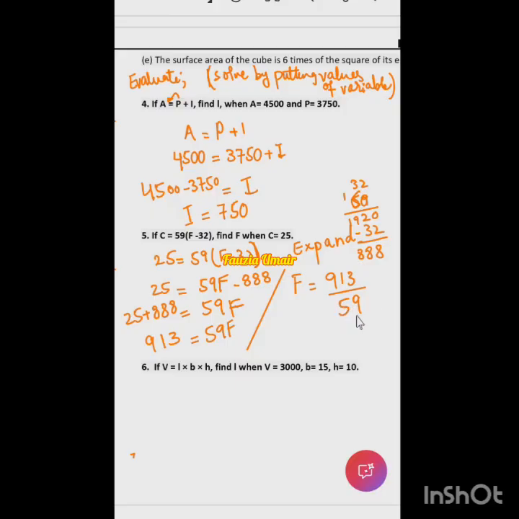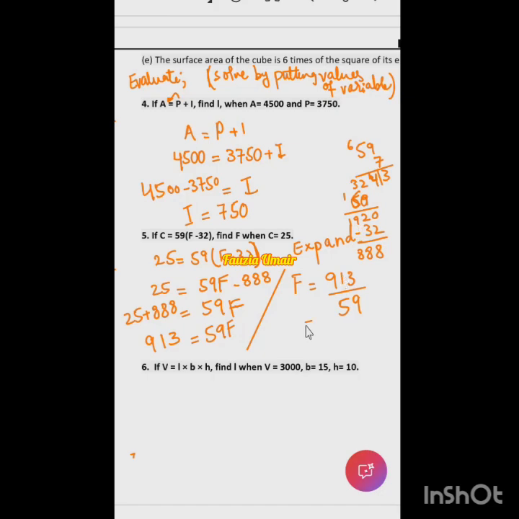So maybe with 7. Let's check 59 multiplied by 7. 7 nines are 63. 7 fives are 35, and 6 is 41. This is 413, not 913.